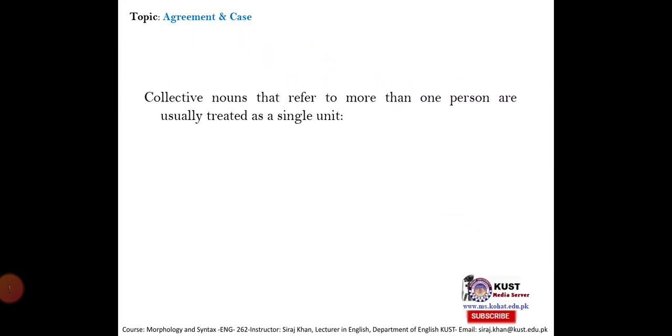Collective nouns that refer to more than one person are usually treated as a single unit, like group, team, committee, class.